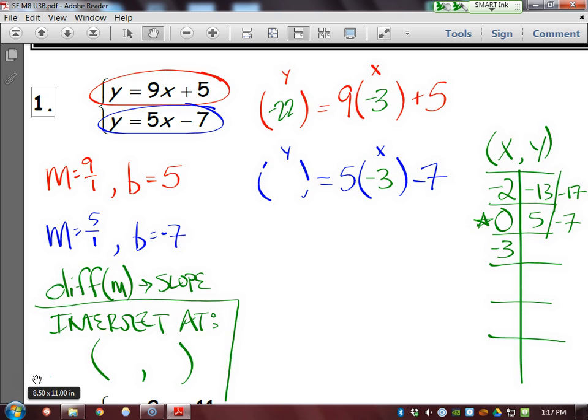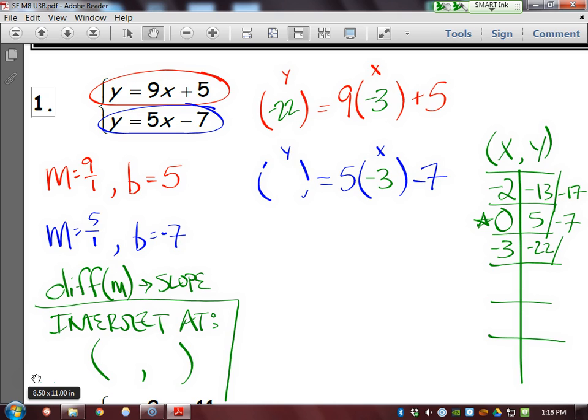Now, don't forget we got the next one. So now we have 5 times negative 3. Okay, and then minus 7. So what is 5 times negative 3? Negative 15. Okay, and then minus 7?